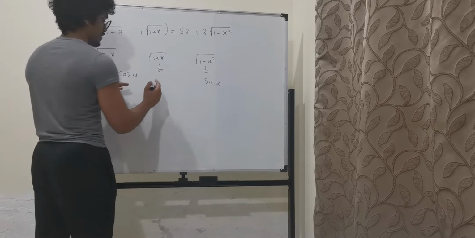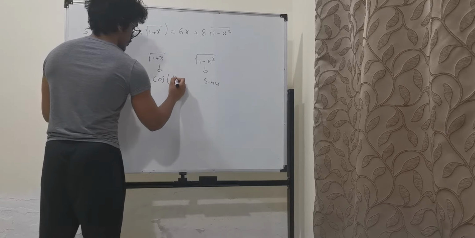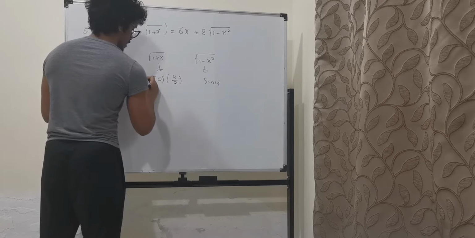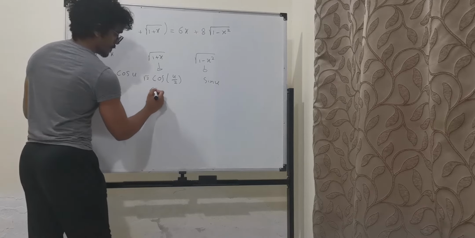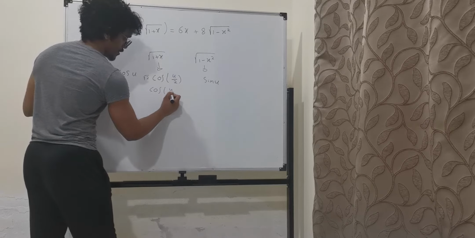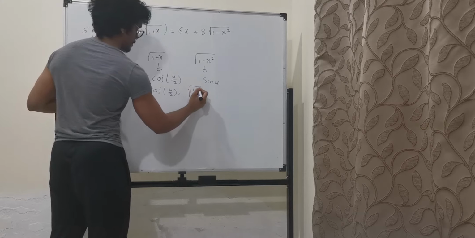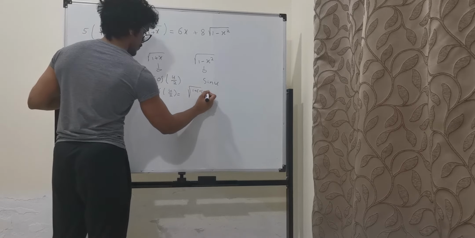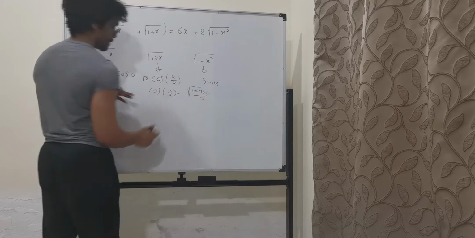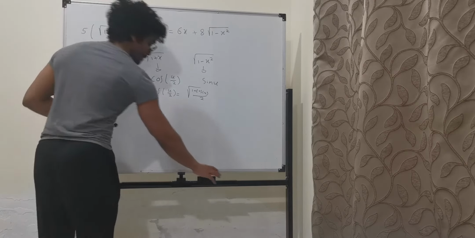And this thing will be simplified into cosine of u divided by 2 times square root of 2. That's because 1 plus cosine of u divided by 2 is equivalent to that.